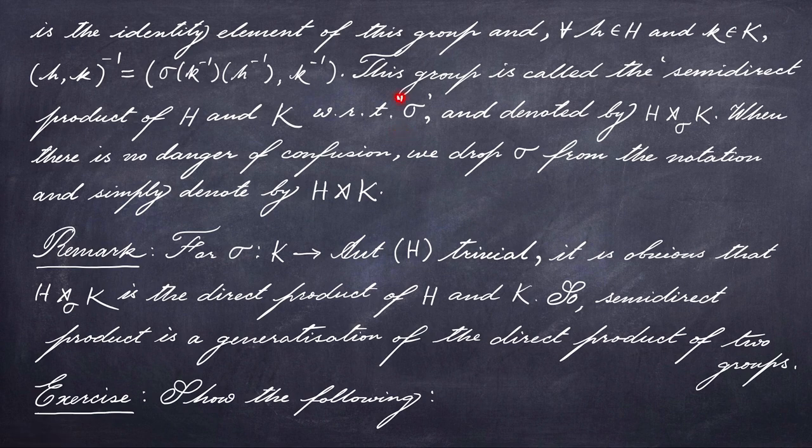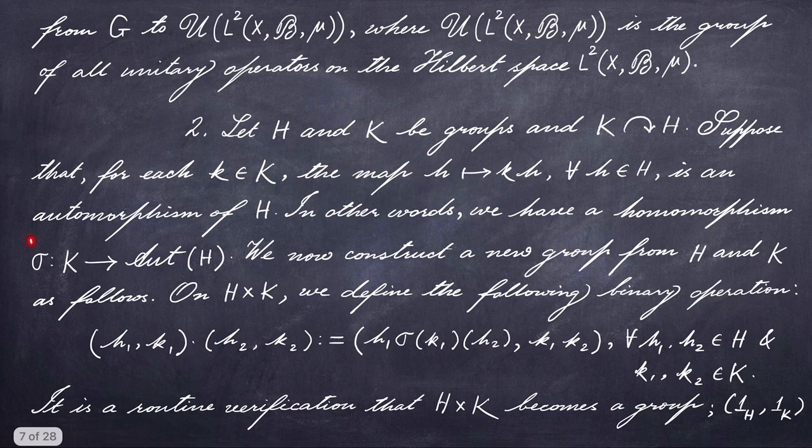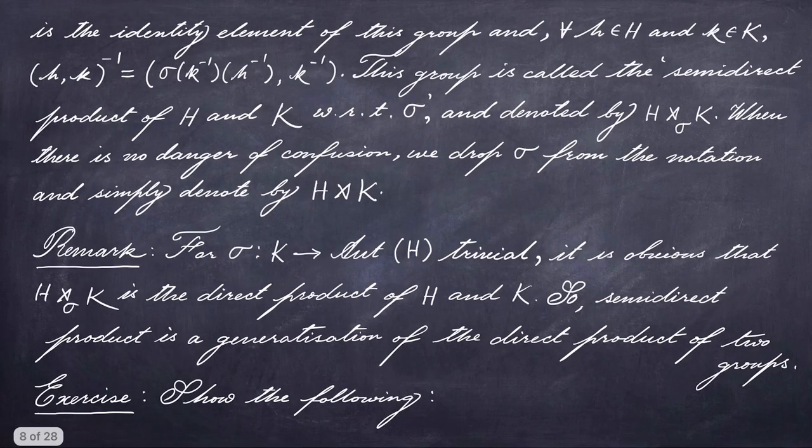Note that it is necessary to mention sigma because it features right in the definition. Therefore, whenever we say semi-direct product, we must say with respect to which homomorphism, and that also appears in the notation. So regarding the notation, please note that it is not just the Cartesian product.